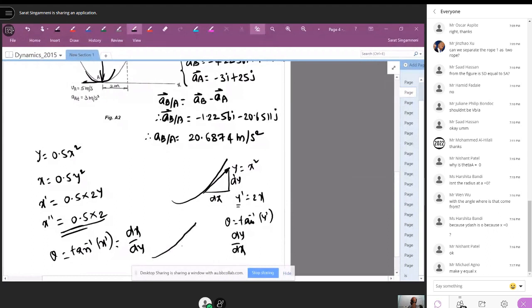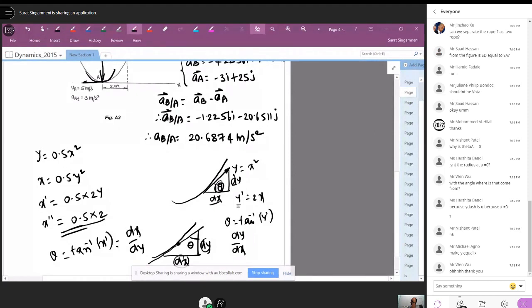So if the curve is like this, in this case, what you're getting is dx over dy. So if that is the line, this is dx, this is dy, the angle you get will be this angle. Opposite divided by adjacent is tan. So dy over dx is this angle. Dx over dy is this angle. So in this form, we get the other angle. Is that clear?